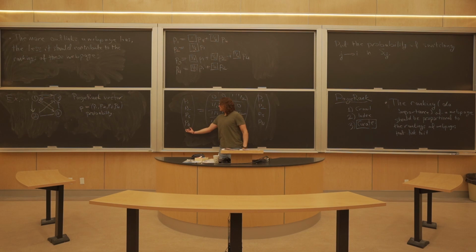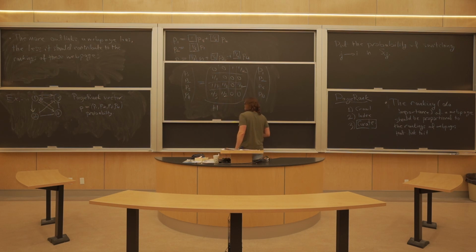And I'm thinking of this as a probability vector as well. So this is called the hyperlink matrix for the network of web pages. It's a stochastic matrix.